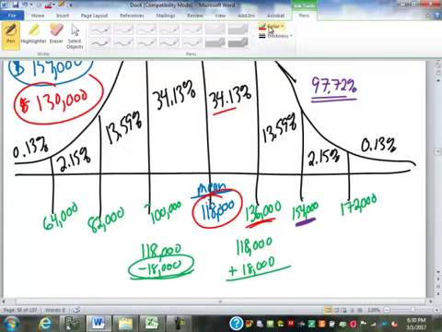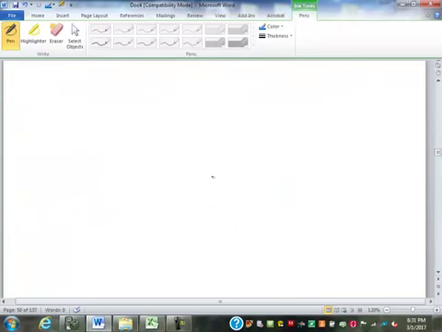Okay, so we've been talking about this empirical rule and the bell curve. And the weakness, as we pointed out, is if a number falls in between one of these standard deviation steps, you really can't figure out the percent. So there's another tool that works similar to this called a z-score.